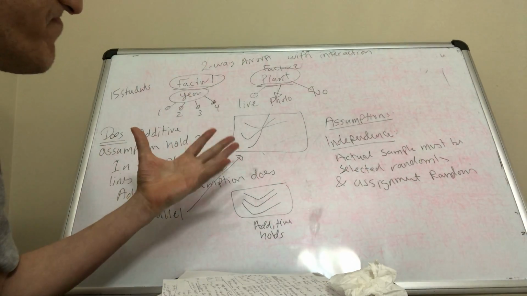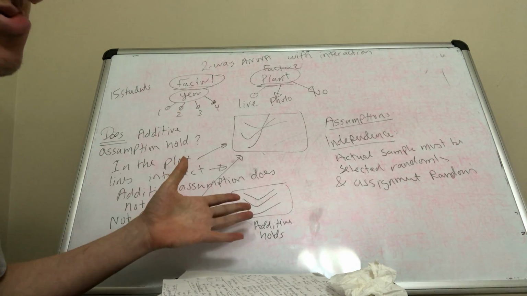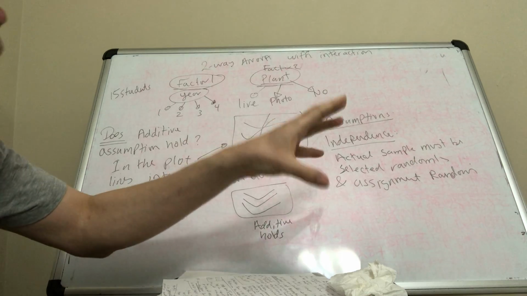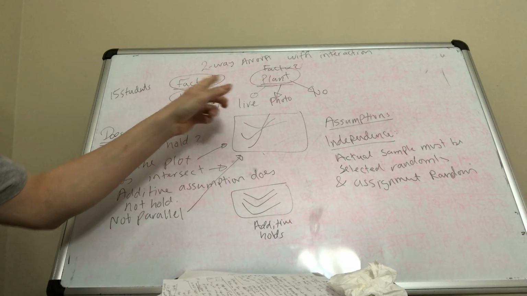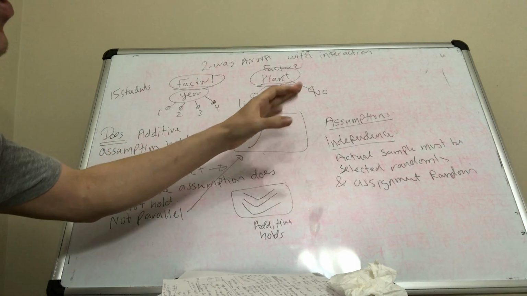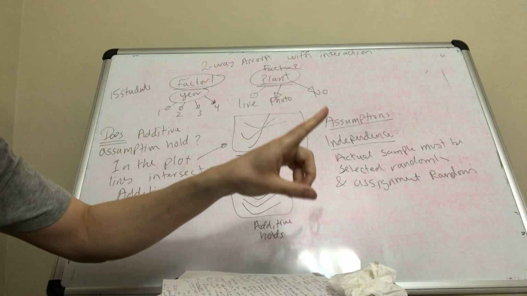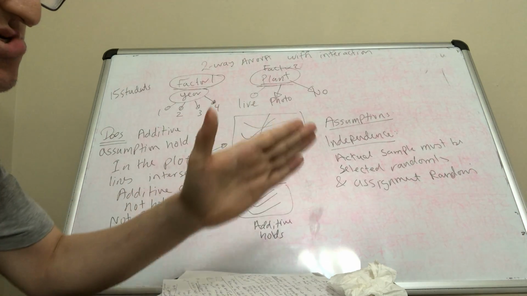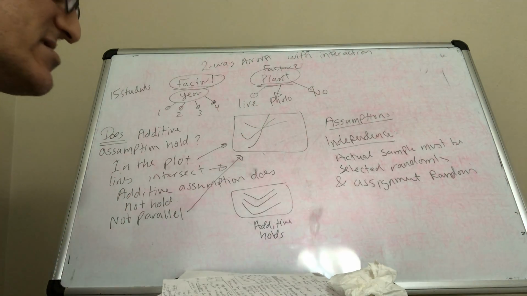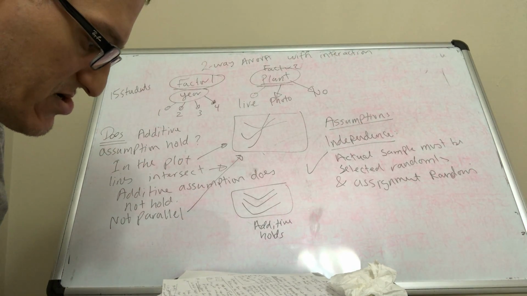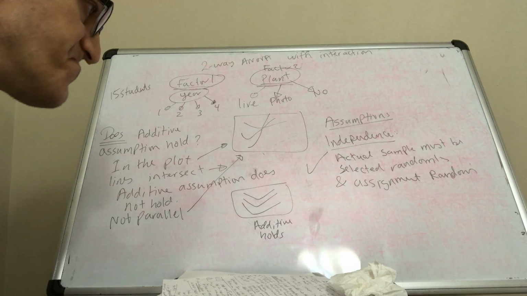So meaning you select 100 students randomly, you assign randomly 20 of them to first group, you assign randomly 20 for the second group. So the main selection must be random, and the assignment of each group must be random. In this case, it was random, so the condition here holds.